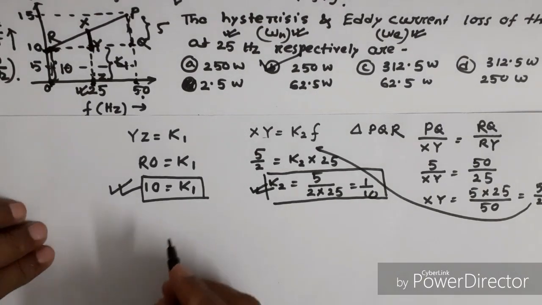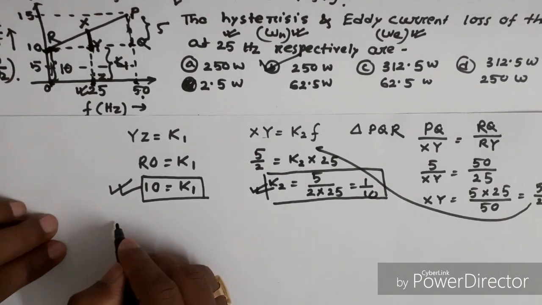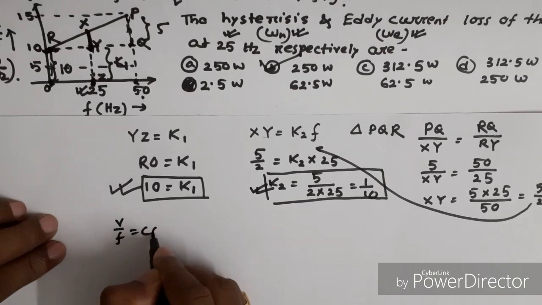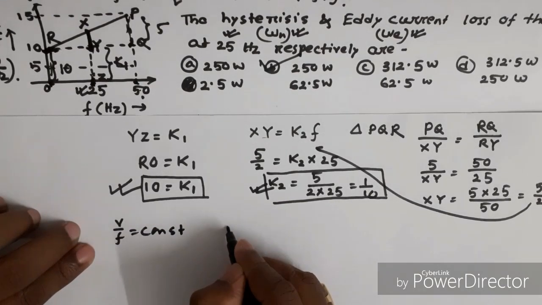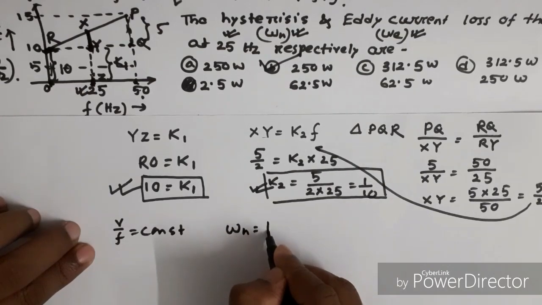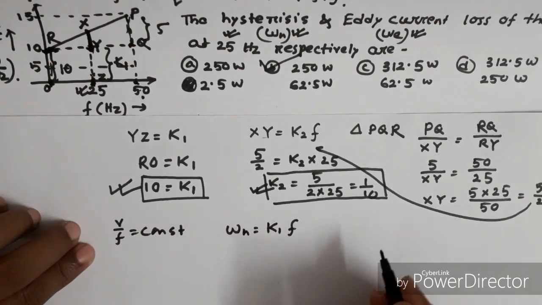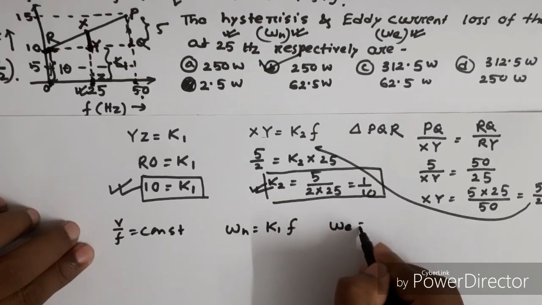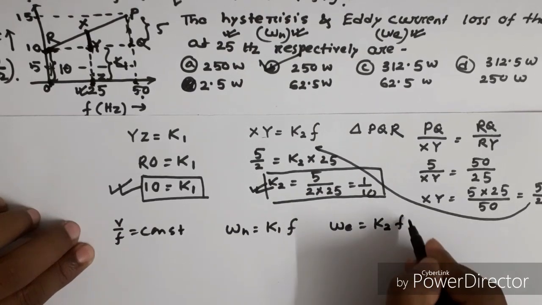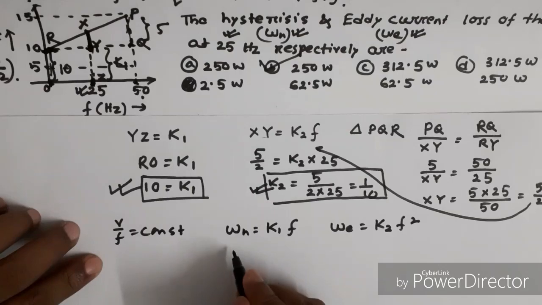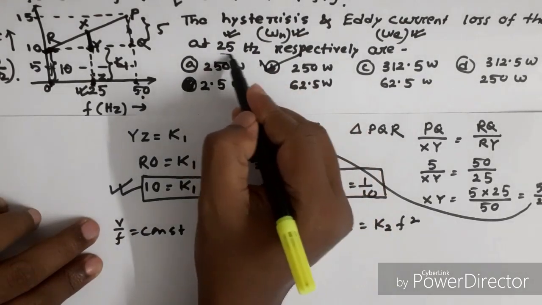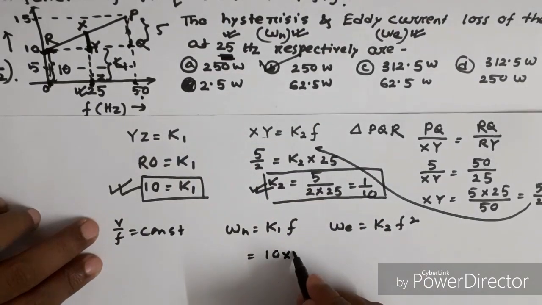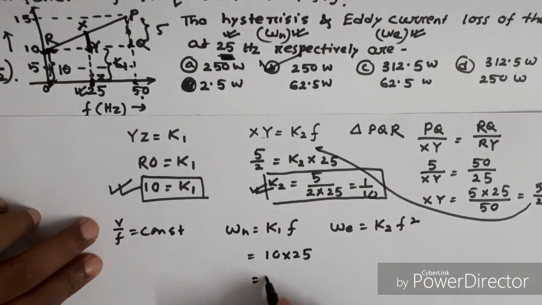Once I know K1 and K2, then for V by F equal to constant, I know the hysteresis loss equal to K1 into F. I know the eddy current loss equal to K2 into F square. Now, K1 is 10 for a frequency of 25 Hertz, that is 250 watt.